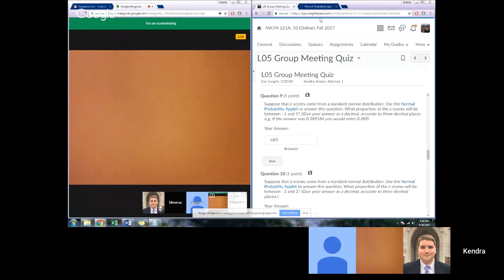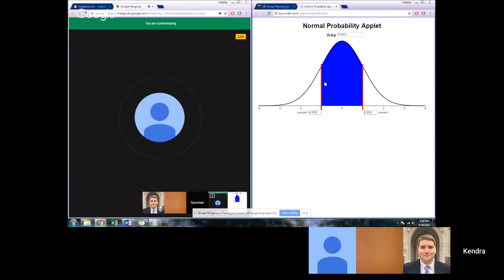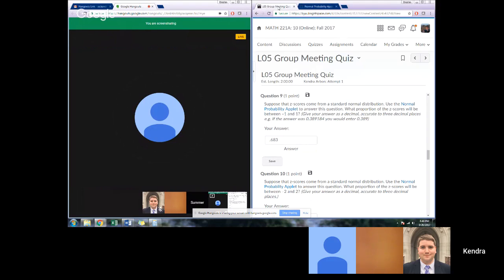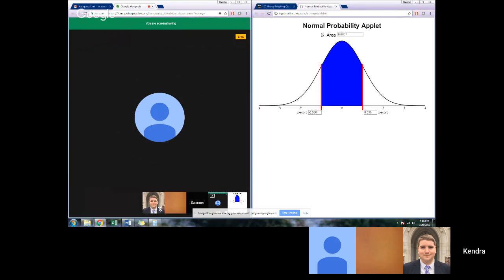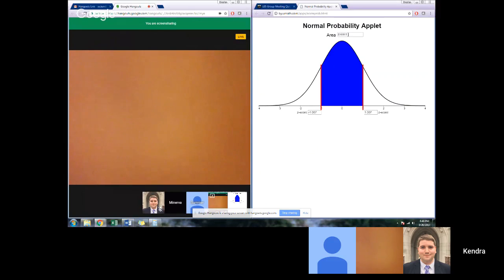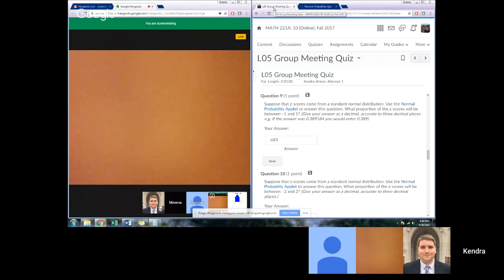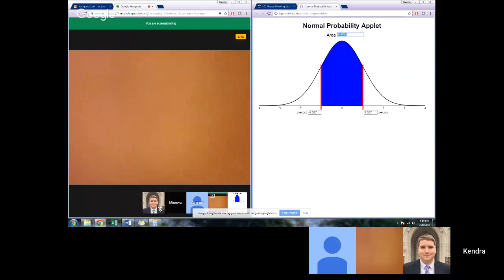Are you on question 9? Yes. Okay. So this one's saying if you set the proportion of z-scores between 1 and -1, that's where I've got these lines here, 1 and -1, and then I've got this area selected.